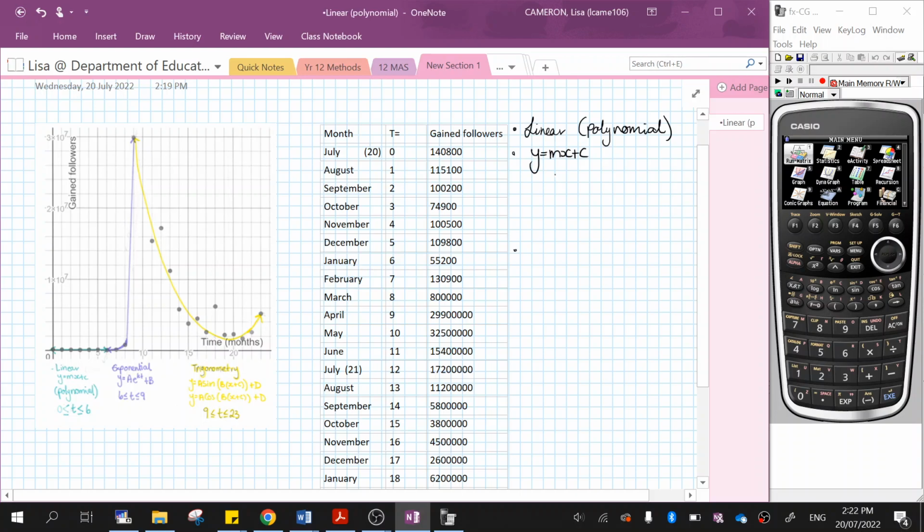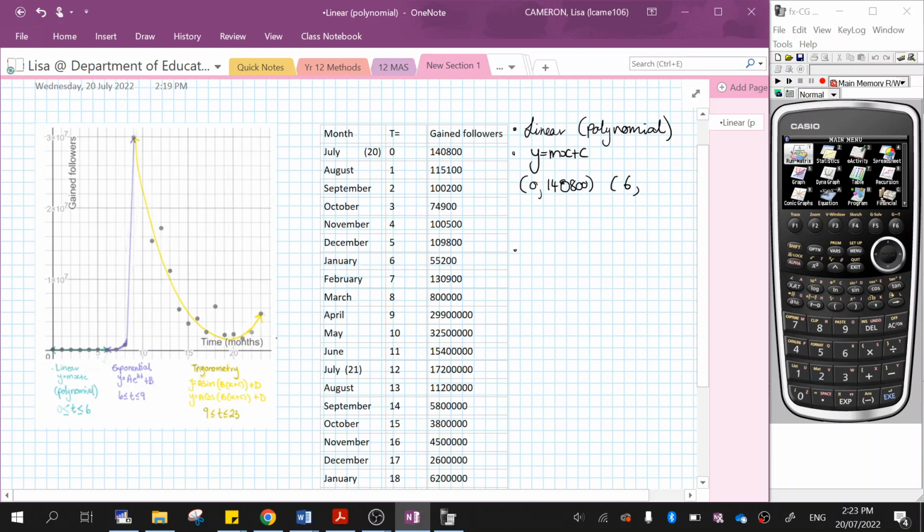plus c. So I'm going to be picking two coordinates to find our gradient and our intercept. Therefore, the two coordinates that I'm going to use will be when time is equal to 0, subscriber count is equal to this, and my second coordinate is going to be the end one.